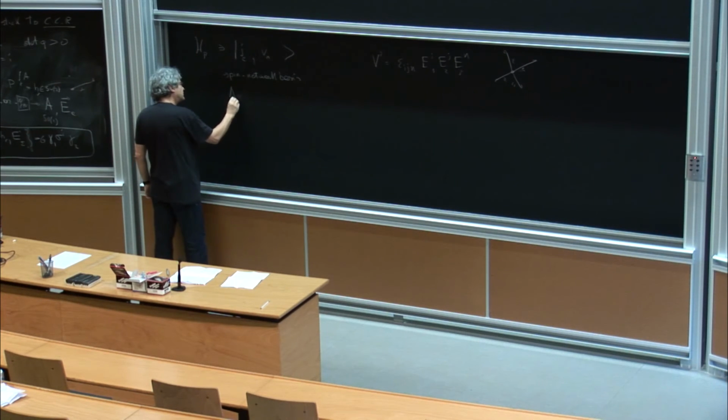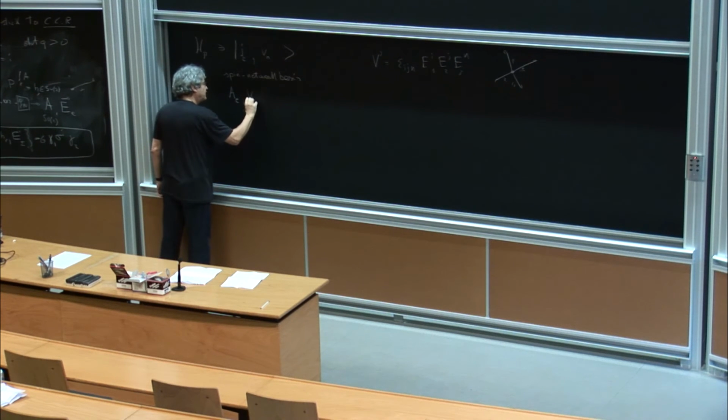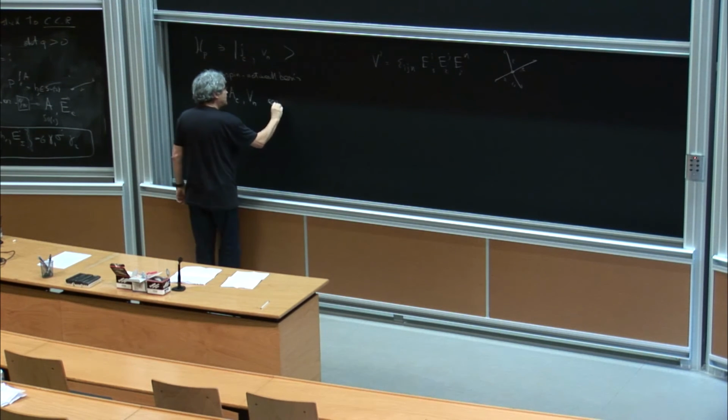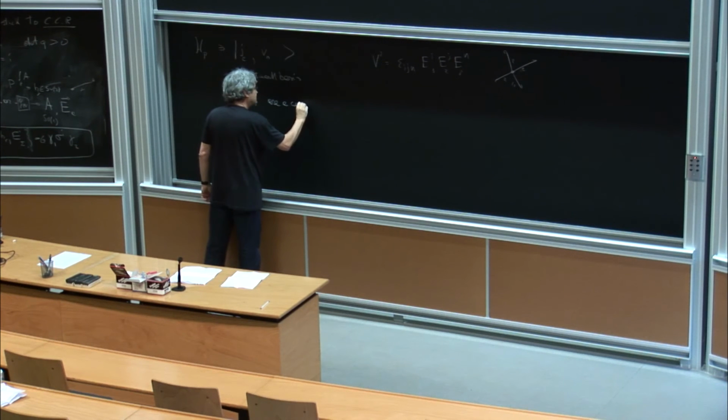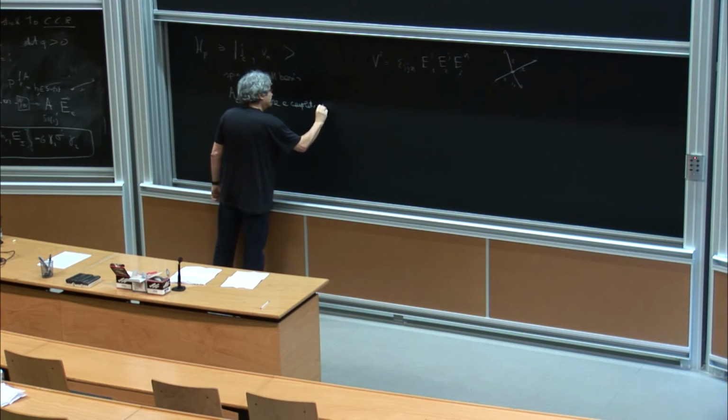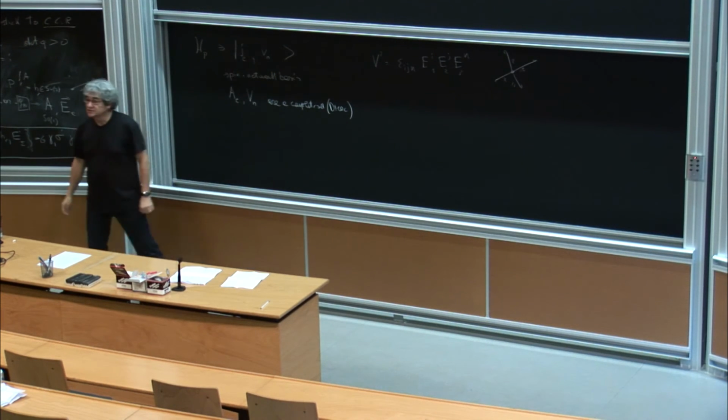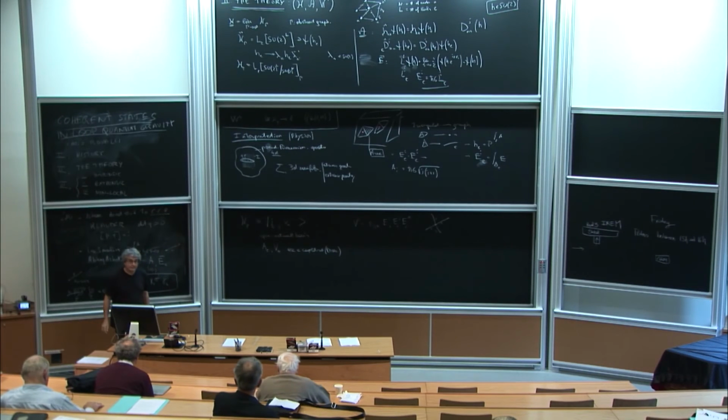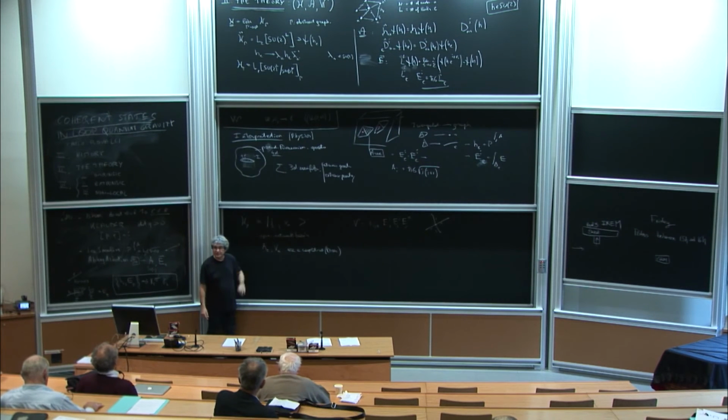So these quantum numbers, the operators A for each link and V for each node, are a complete set in the sense of Dirac. Namely, they commute with one another, and the quantum numbers distinguish all the states.